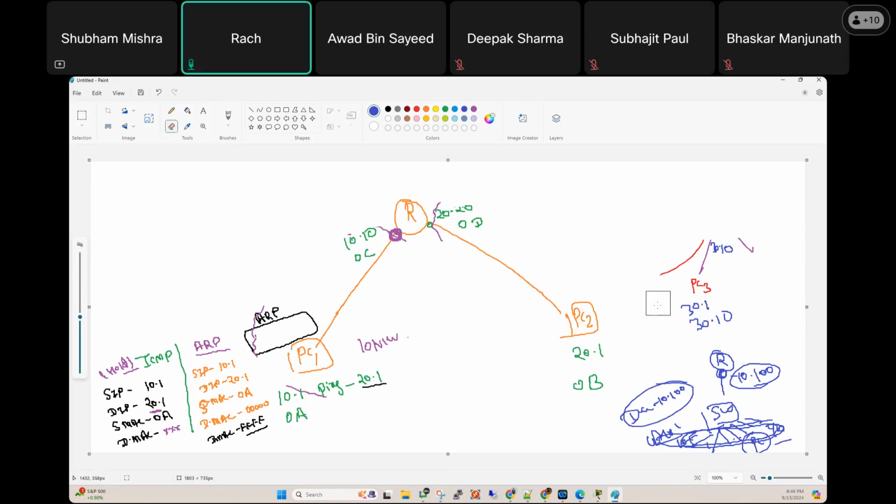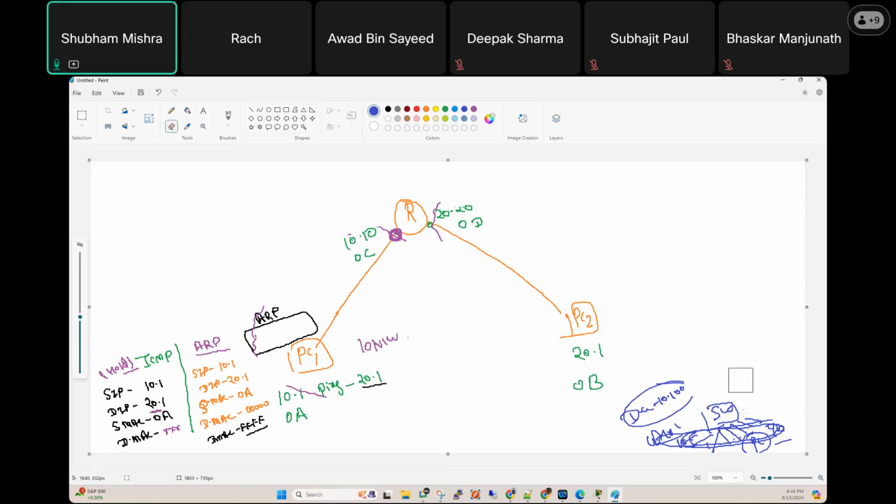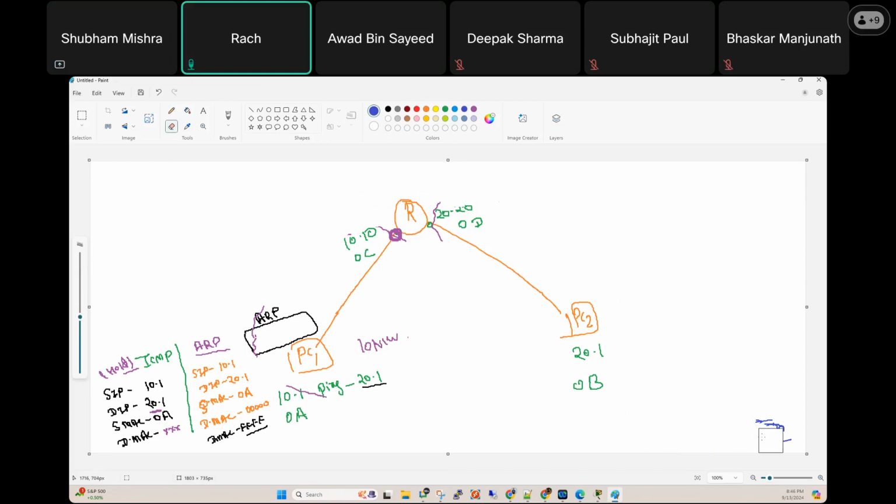Is the default gateway user defined, or will it be assigned dynamically? Basically, in a real environment, it will be assigned dynamically. If you are working in a company, definitely there will be a server team also.